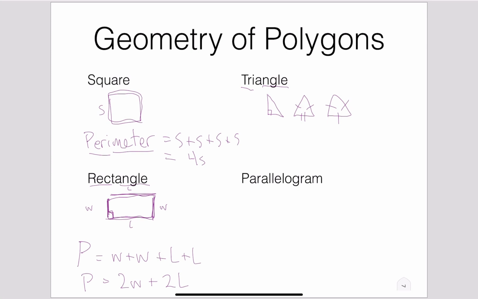And you can have a bunch of different ones in between. And so the important part to remember is that the perimeter of a triangle is simply all the sides added up. So if you have 1, 2, and 3, you can add them up and you'll get the perimeter. And there's not usually a simpler way to think about perimeter of a triangle.